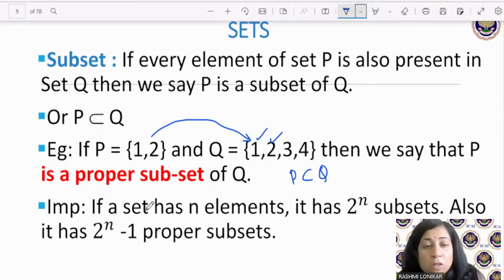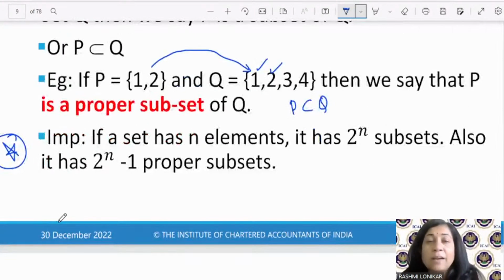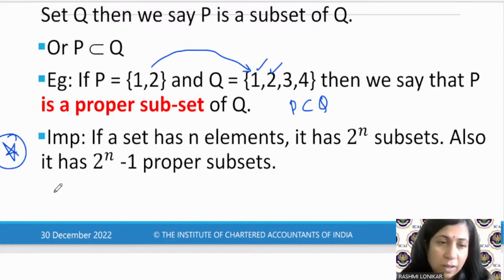Also, if a set has n elements, this is also very important. You may get a small sum on it, and you may get it as a property also. If a set has n elements, it has 2 raised to n subsets. Also, it has 2 raised to n minus 1 proper subsets. We'll be doing that later, but this property you should know. In this case, how much is n of P?